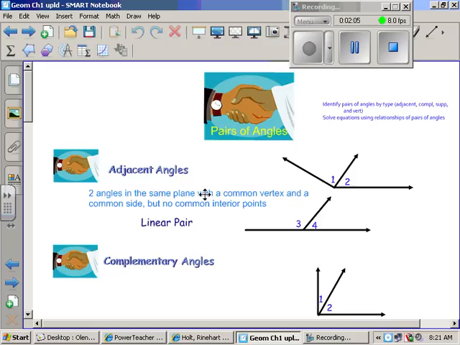The reason they're called linear pairs is because their outside rays always make a line. To equal 180, they always have to equal a line. So a linear pair is just adjacent angles that equal 180.